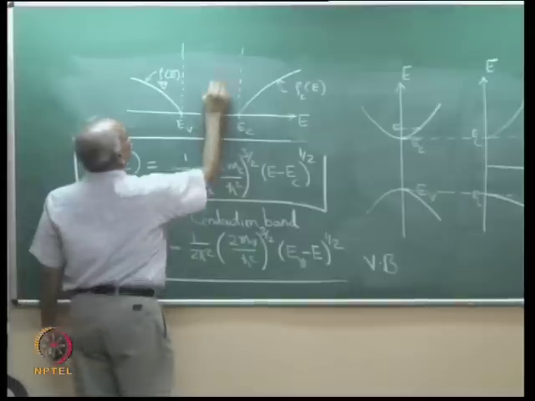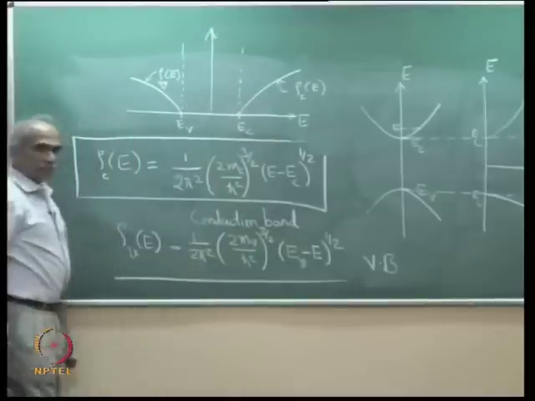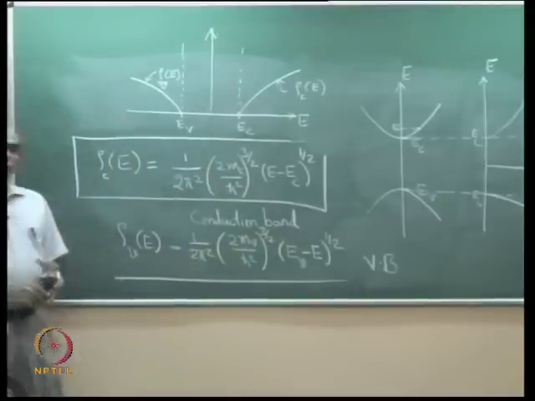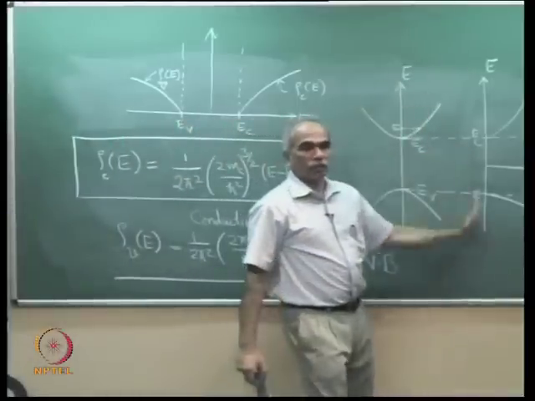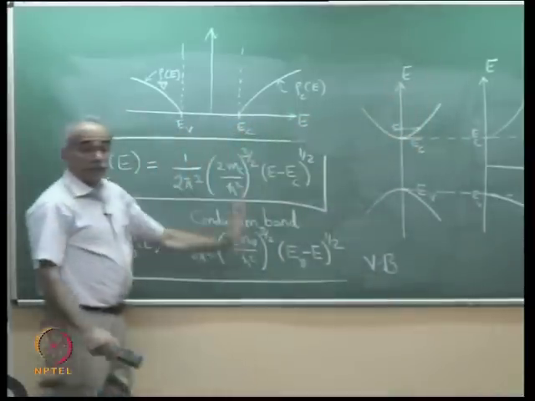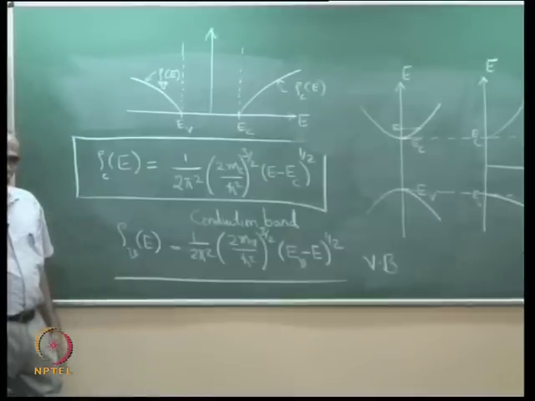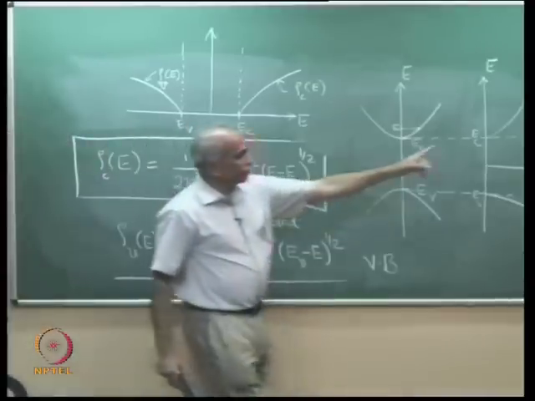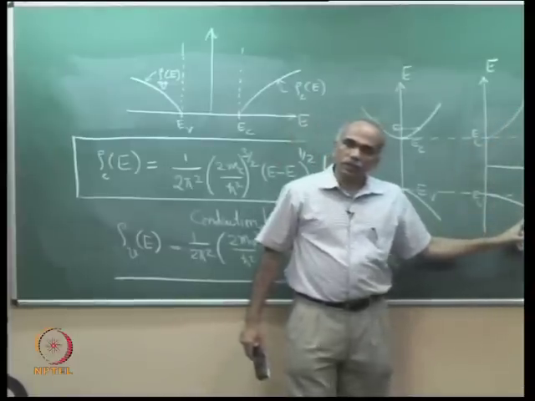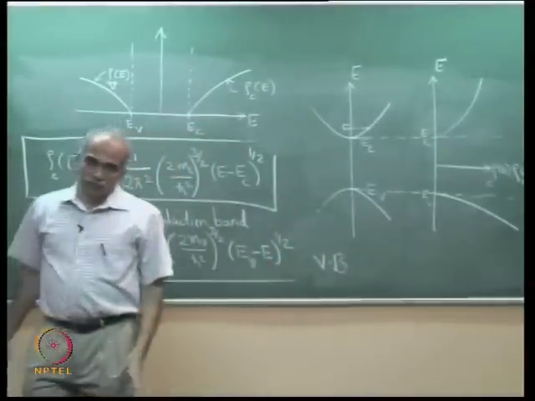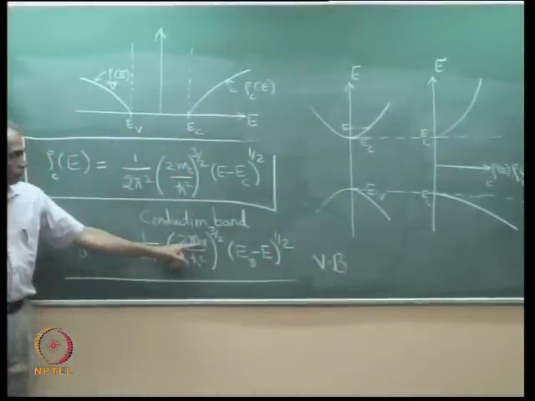So here the density of states is now on this axis. But to keep a consistent picture, we will always keep the vertical axis as the energy. So this variation is rho C of E, and this variation is rho V of E. The variation again depends on the effective mass.